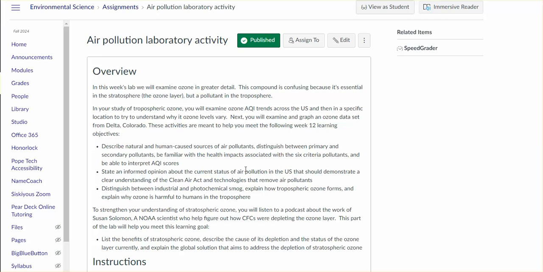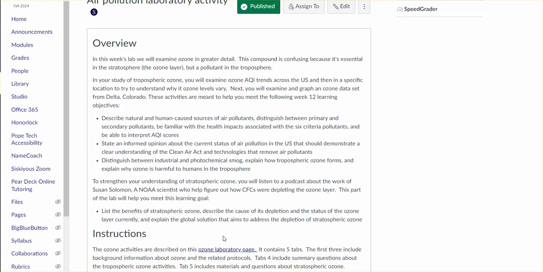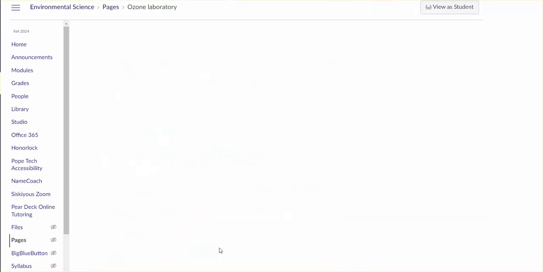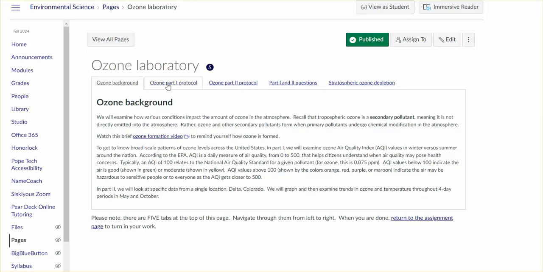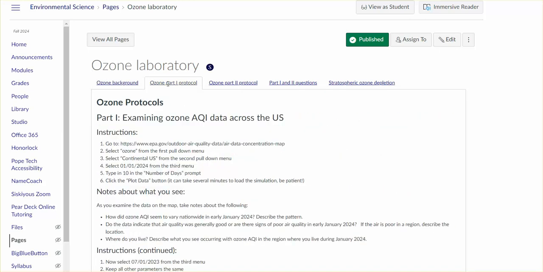Our lab activity this week is focused on one pollutant, and that's the secondary pollutant ozone. On this tab, there's some background information about ozone. This protocol is going to walk you through examining some of the EPA's data about ozone concentrations all across the country. So this is a cool interactive map.